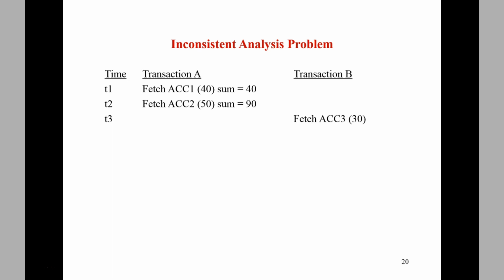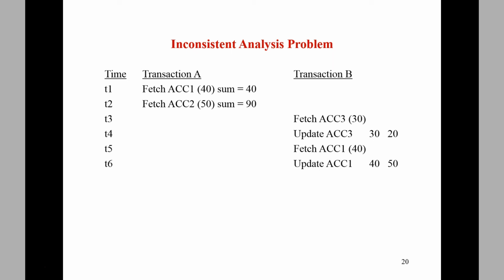And then, due to interleaving, it's suspended, and transaction B kicks in and fetches account 3 with a balance of 30. It then modifies account 3, so the new balance becomes 20, and performs a similar update with account 1.